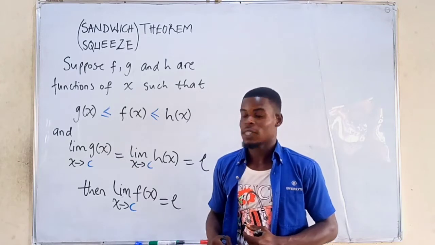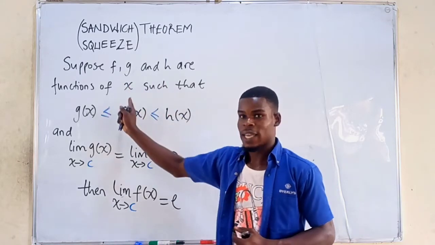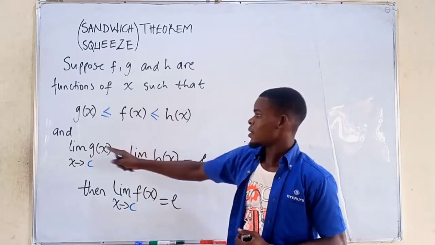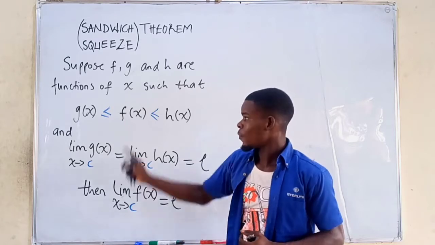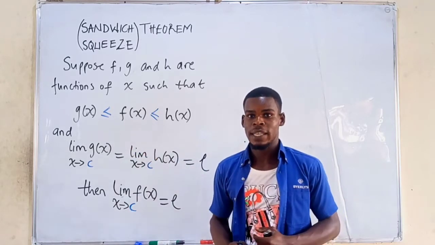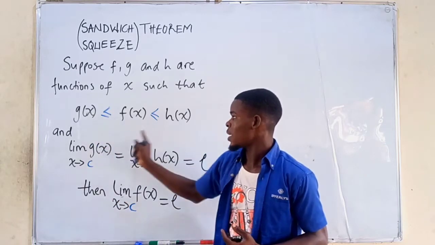It states as follows: suppose f, g, and h are functions of x such that g of x is less than or equal to f of x, and f of x is in turn less than or equal to h of x, so f of x is sandwiched between g of x and h of x.